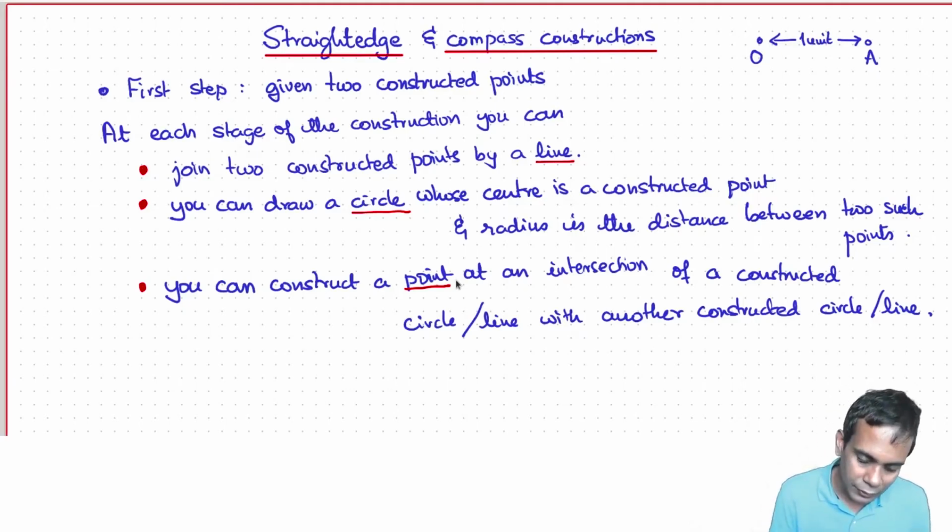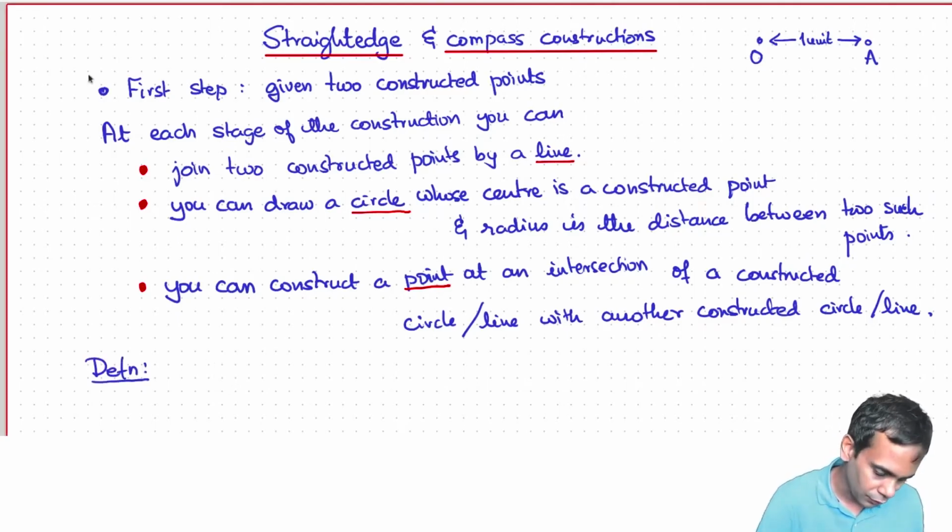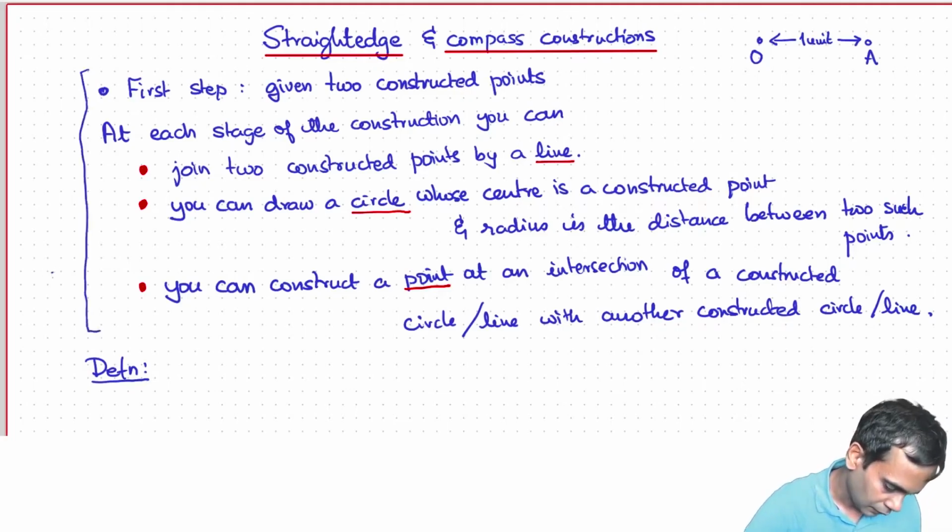And now the definition of a constructible number is the following. This whole definition is the definition of a construction. It's a series of such steps.